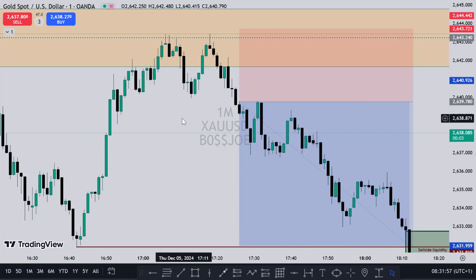Remember, I've taught you guys that a fair value gap is a triple candlestick pattern in which the first candle's high and the third candle's low do not overlap each other. I've explained it using a diagram like this.